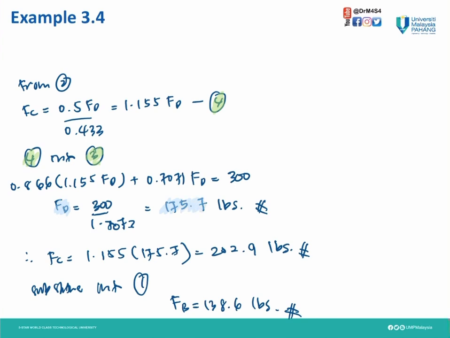Then from there we can get our FC. Once we substitute FD into 4, our FC is 202.9 pounds. Then substitute those values into equation 1. We get our FB is 138.6 pounds.